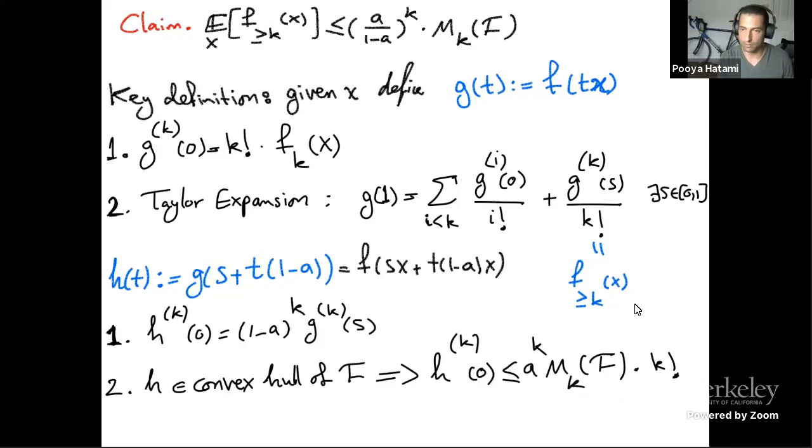It wasn't clear, but I'm just trying to give some sort of intuition. And this allows us to bound GK of S. You combine these two, you get GK of S being bounded by exactly a over 1 minus a to the k.